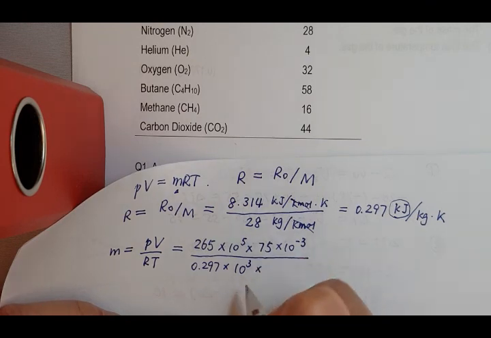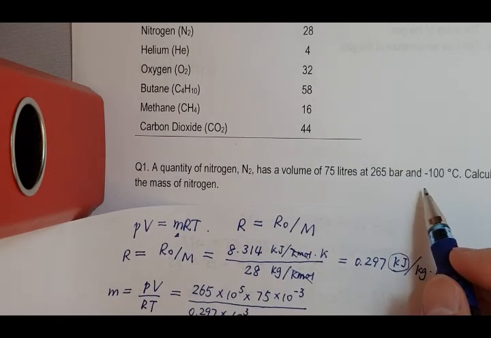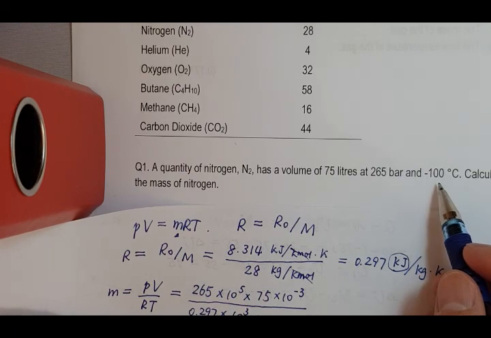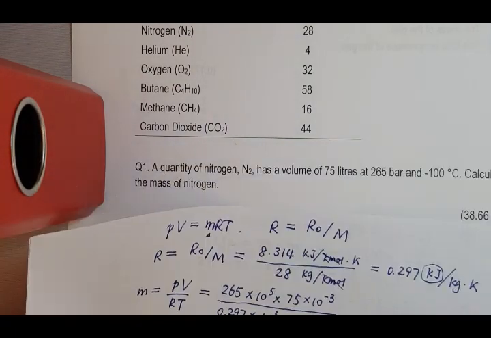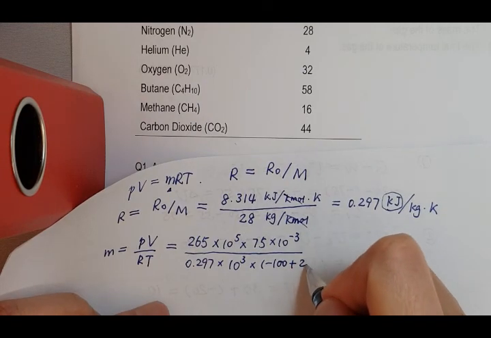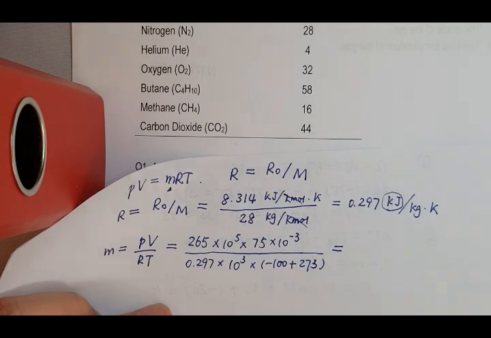One more thing is about the temperature. We need to use Kelvin temperature for any calculations. Here we've got minus 100 degrees, so we need to convert that to Kelvin: minus 100 plus 273.